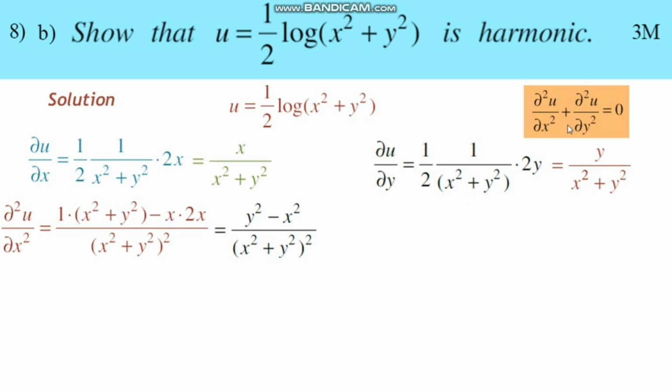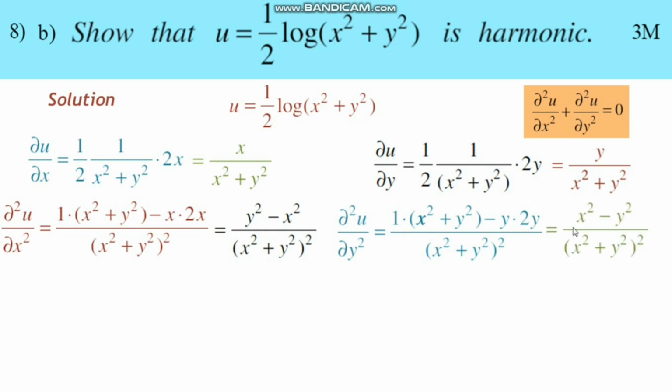∂²u/∂y² is to be determined. (u/v)' = (vu' − uv')/v², that is (x square minus y square) by (x square plus y square) whole square.